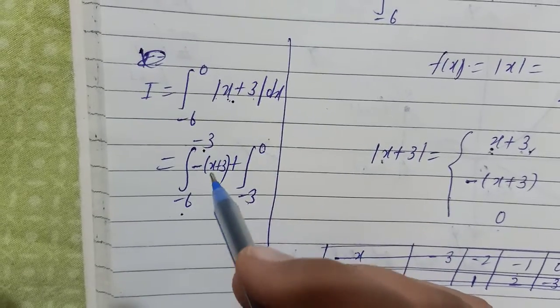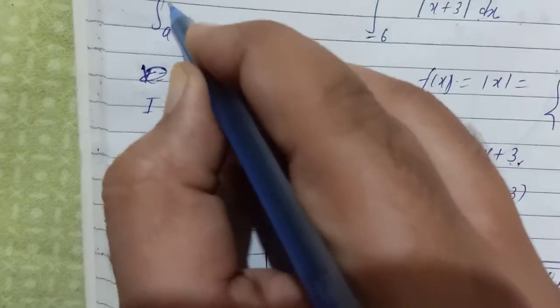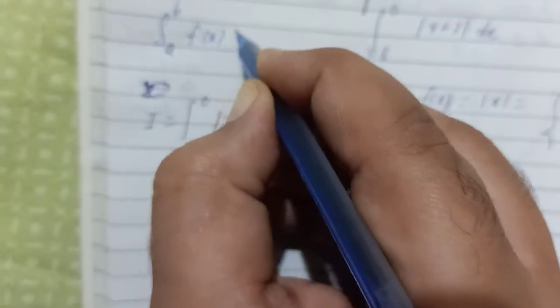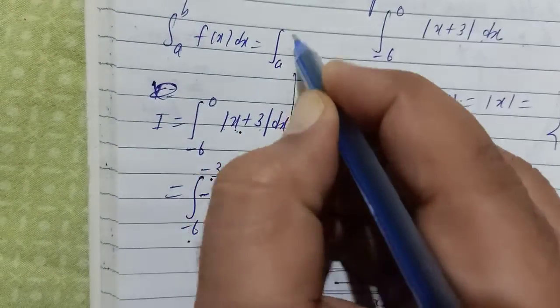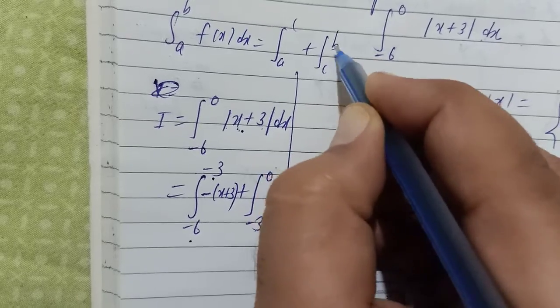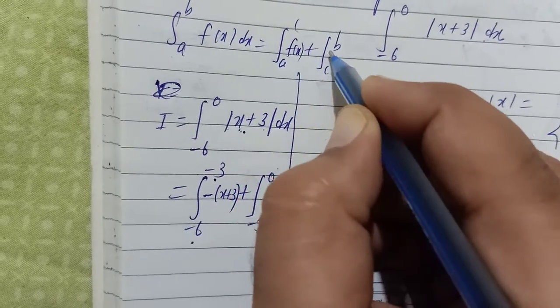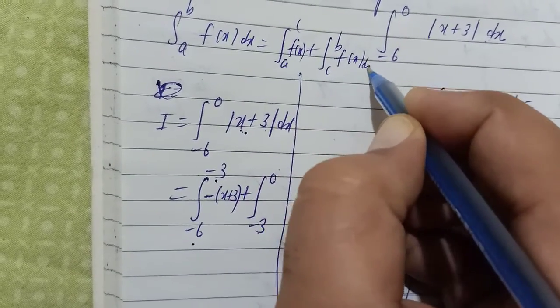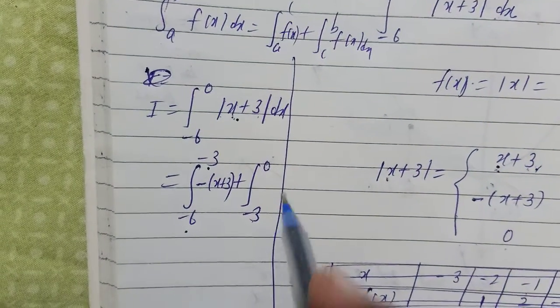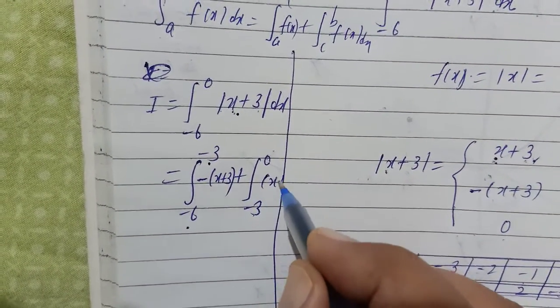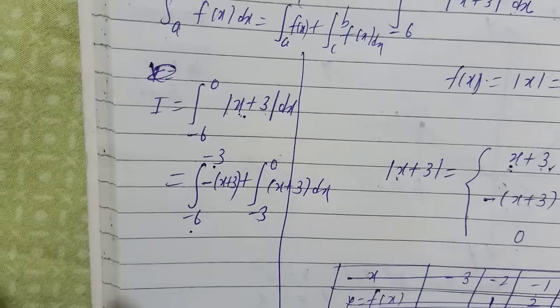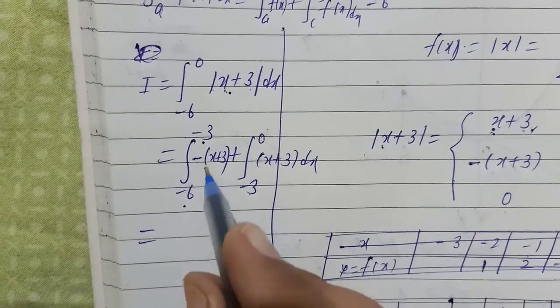As I told you in the break journey property, we use this property: A to B f of x dx is A to C plus C to B f of x dx. So this is the property, break journey property. So here you have to take x plus 3 because inside value is positive. You can solve it easily.